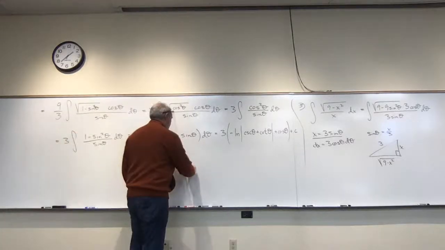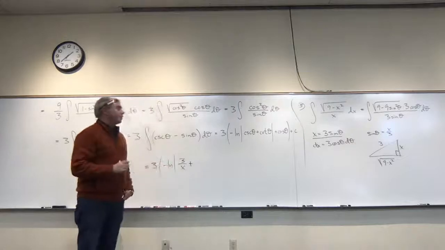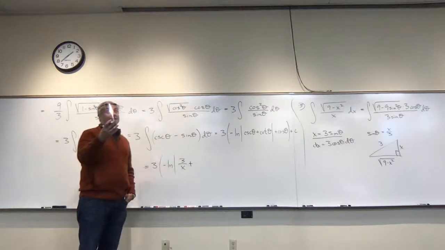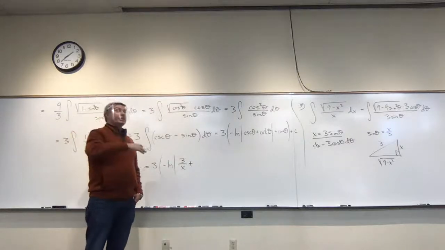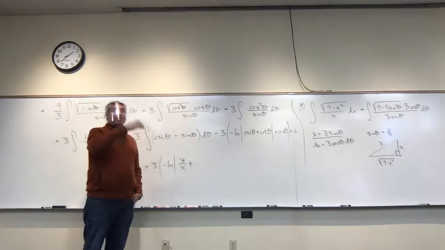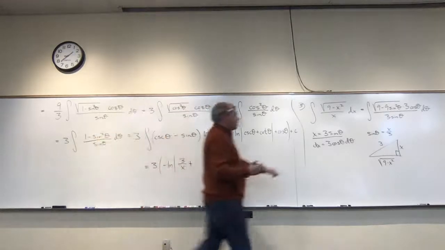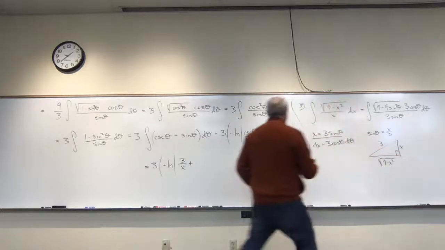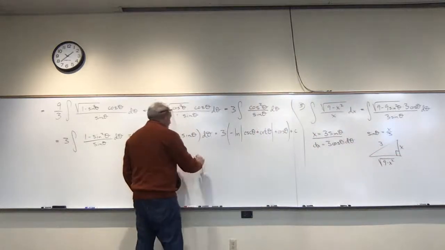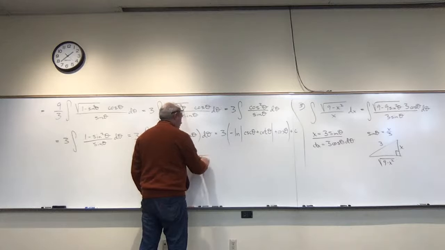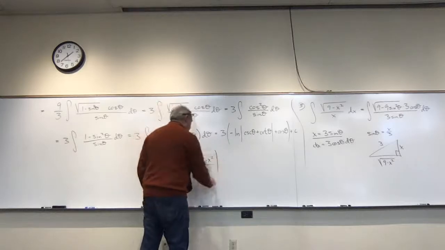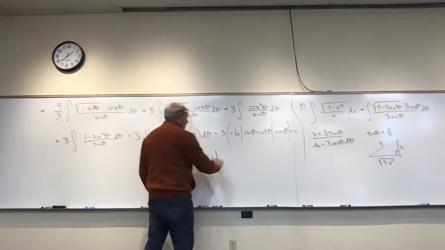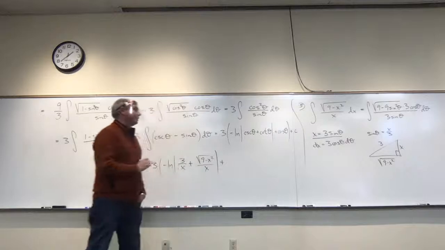plus cotangent of theta. Tangent is opposite over adjacent, so cotangent is adjacent over opposite. Adjacent is right here, the square root of 9 minus x squared, over opposite, which is x. Okay, close bracket, plus cosine of theta.